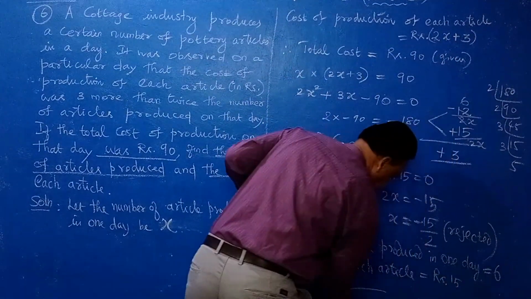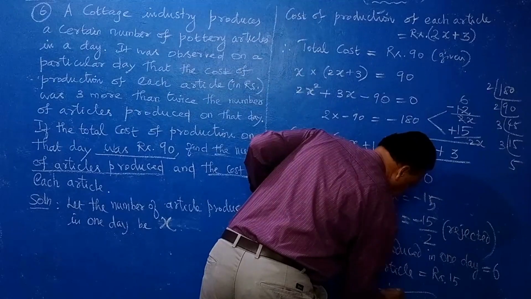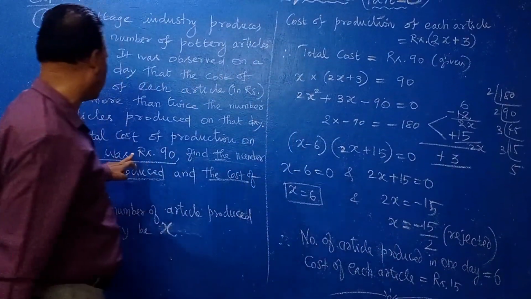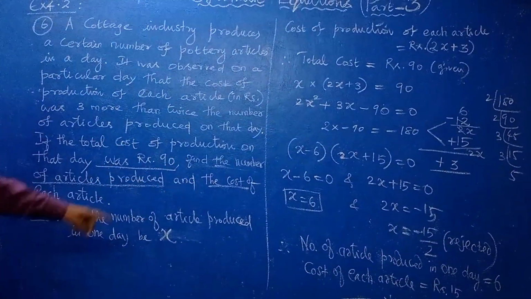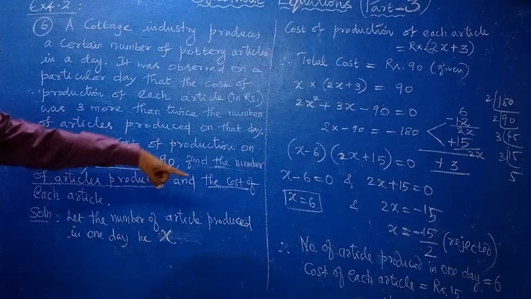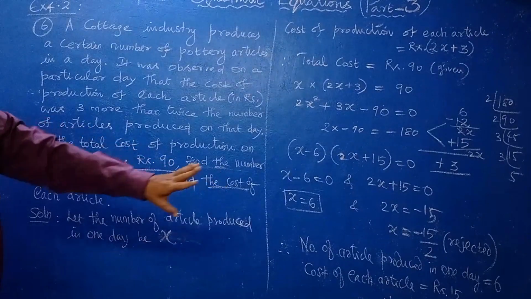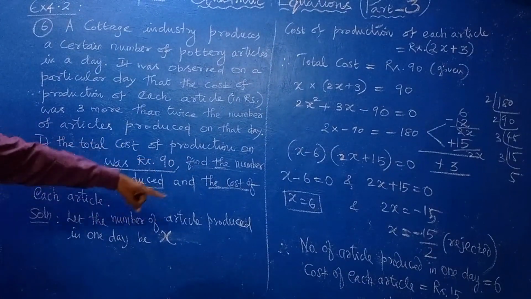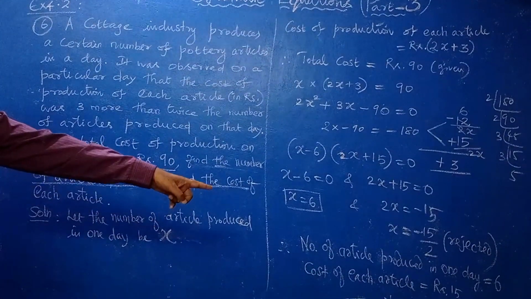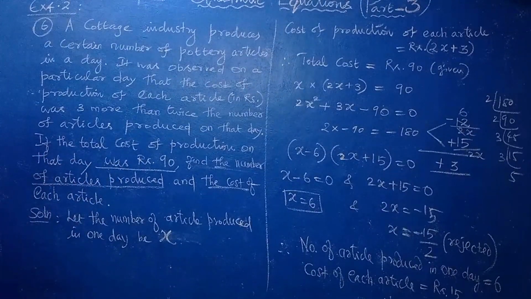So read the problem again. What does the question ask? Find the number of articles produced in one day, which is 6, and the cost of each article. Therefore, the cost of each article is rupees 15.